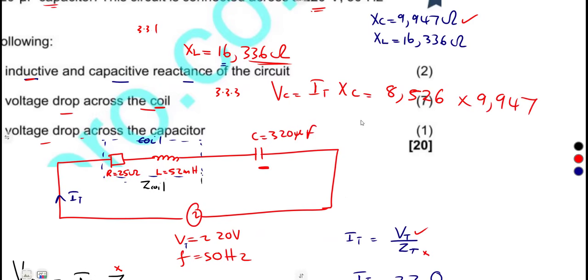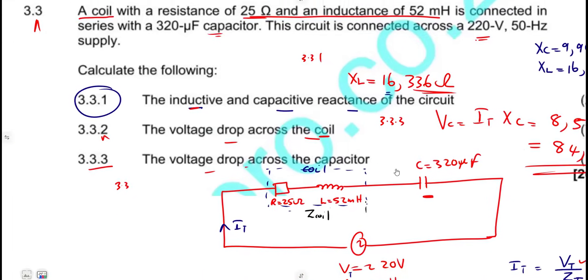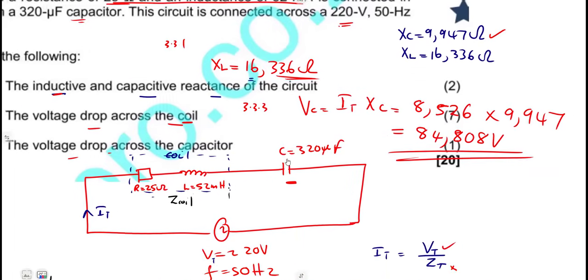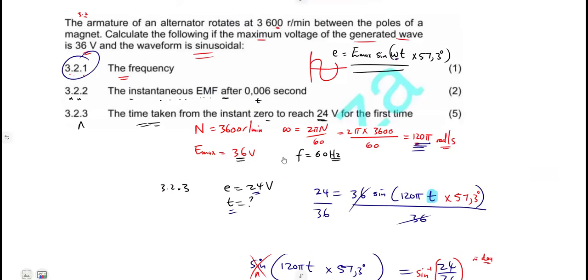All right, so that was going to give us the voltage across the capacitor of 84,808 volts. All right, so this is the one that you are going to simply take as you are referring to the capacitor. So you see, guys, how you play around, just a matter of playing around.